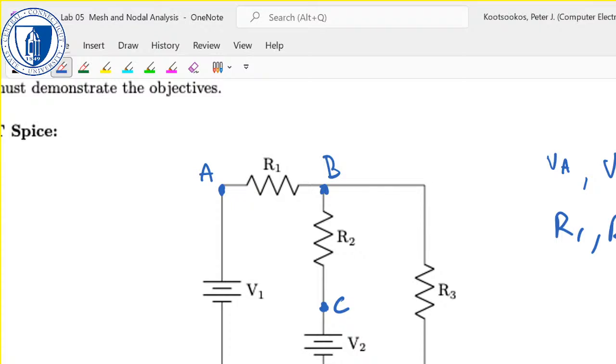You'll know what their nominal values are, but they're not going to be exactly right. You've effectively got to measure V1 and V2, right? But V1 is the same as VA and V2 is the same as VC. And then the other thing you've got to do is measure the current. That should be a 1.